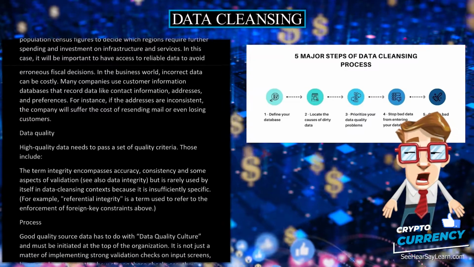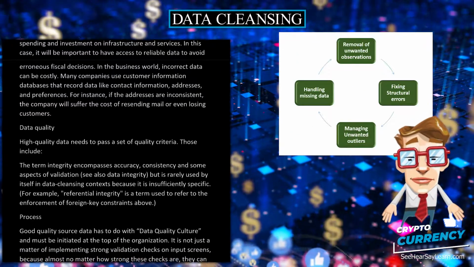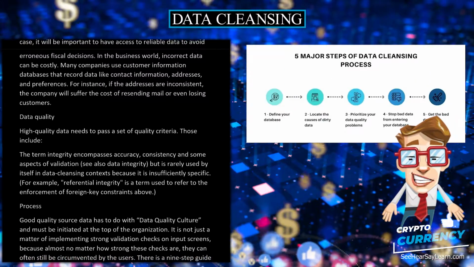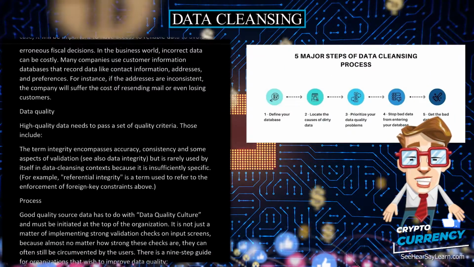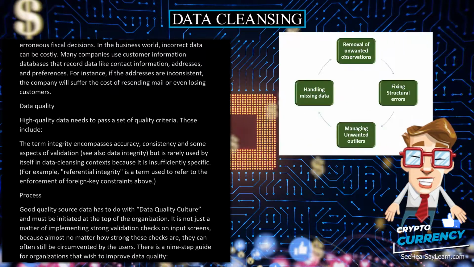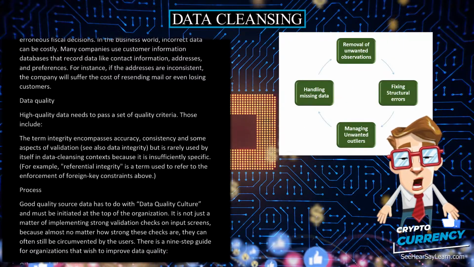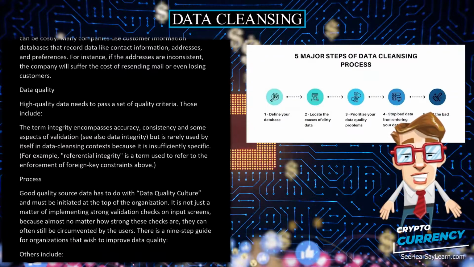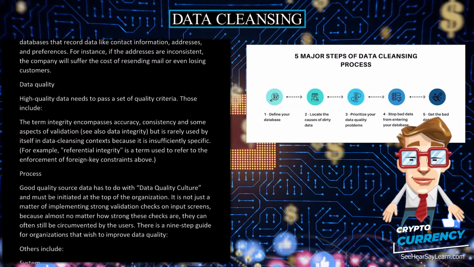Data quality. High-quality data needs to pass a set of quality criteria. Those include: the term integrity encompasses accuracy, consistency and some aspects of validation, see also data integrity, but is rarely used by itself in data cleansing contexts because it is insufficiently specific.